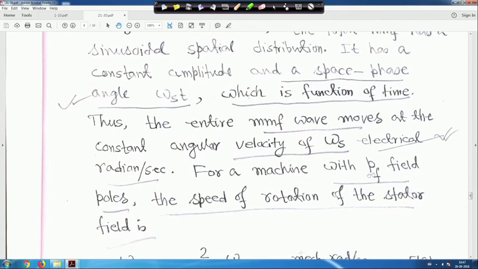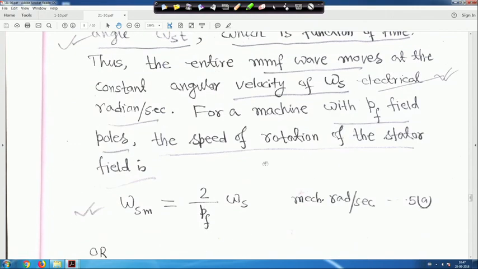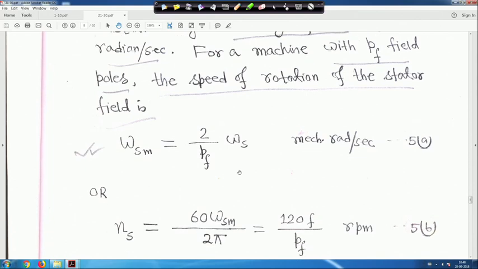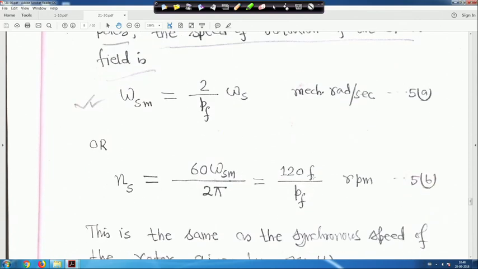For a machine with Pf field poles, the speed of rotation of the stator field, omega Sm, will be 2 by Pf times omega s, in mechanical radian per second. This you know also from your synchronous machine studies. Or you can write Ns equal to 120 f by Pf, or 60 omega Sm upon 2 pi, in revolutions per minute.